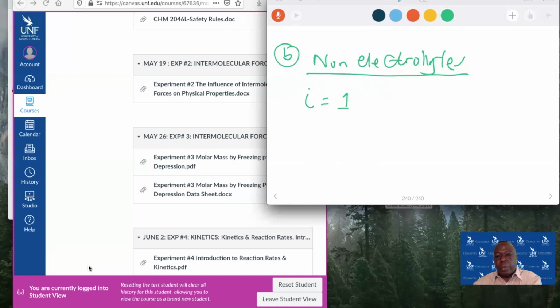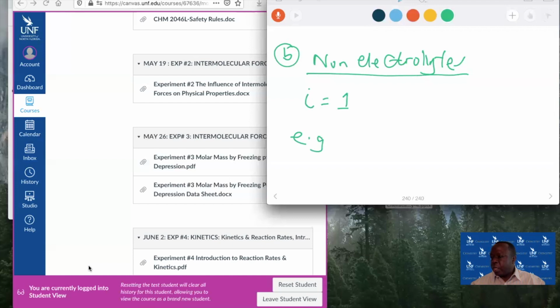So you have to know which compound is an electrolyte or non-electrolyte. I can give you an example of a solute which I see commonly in this section: glucose. Glucose is sugar. When you dissolve sugar, it will not conduct electricity because it does not ionize.